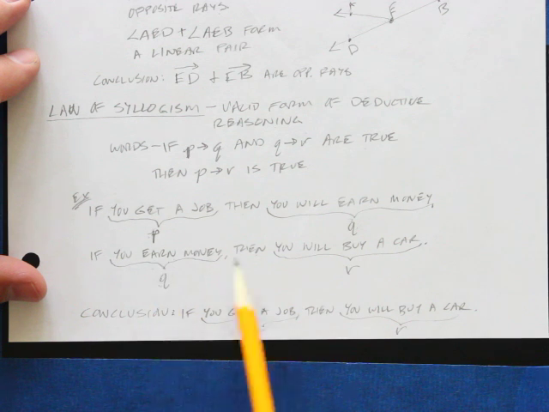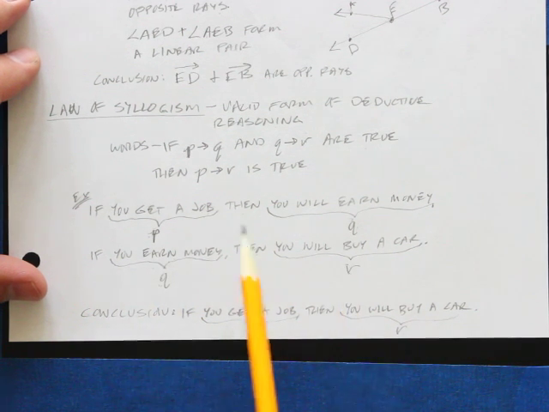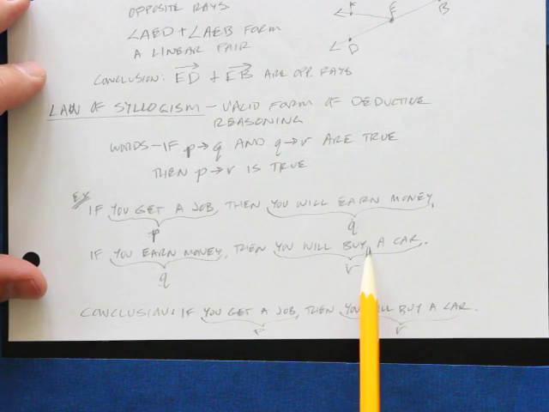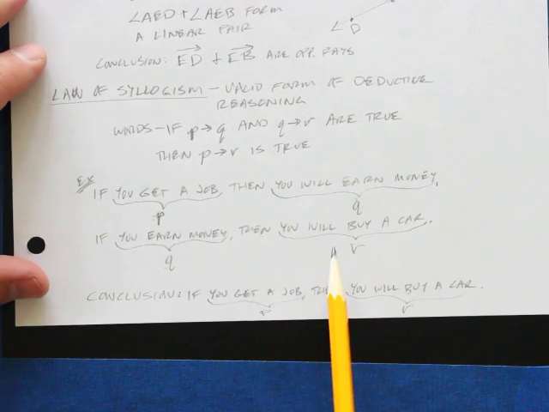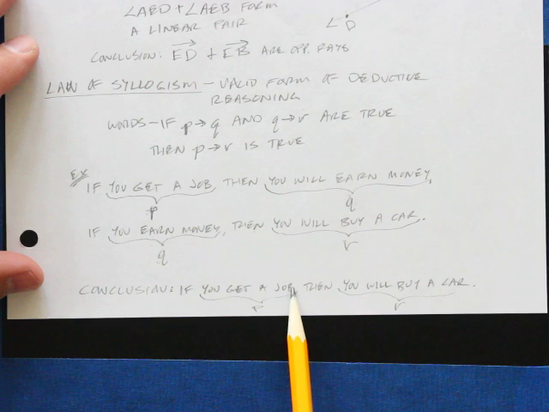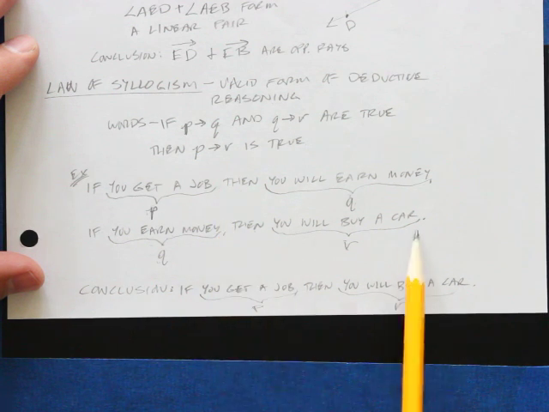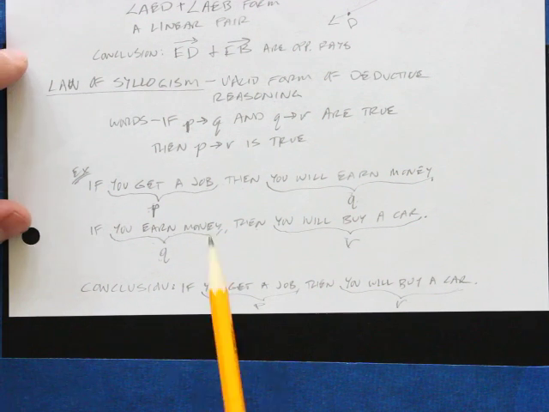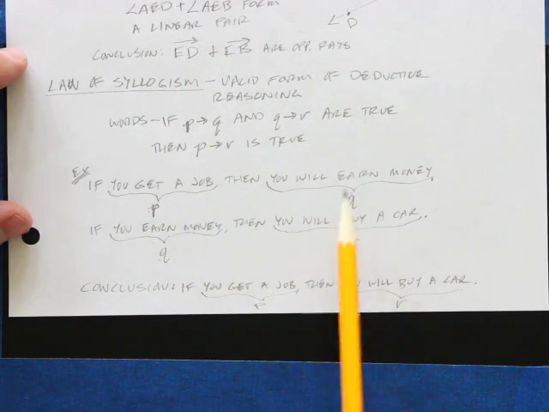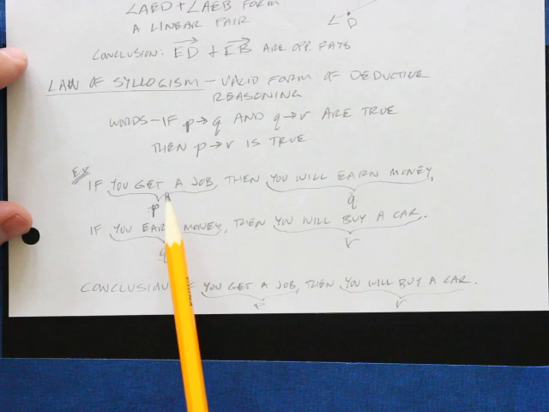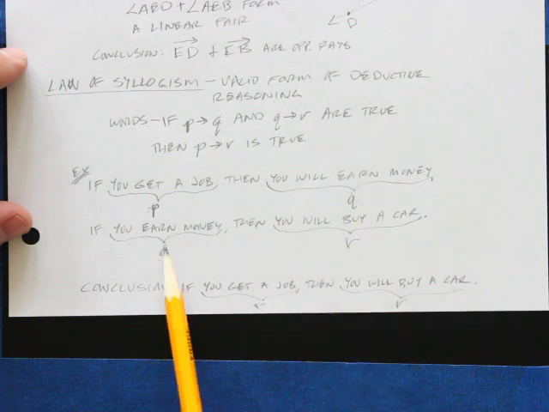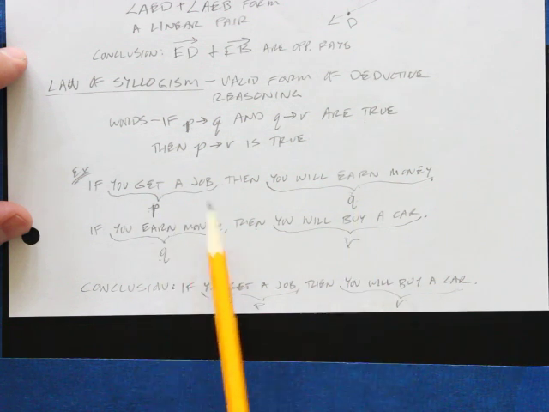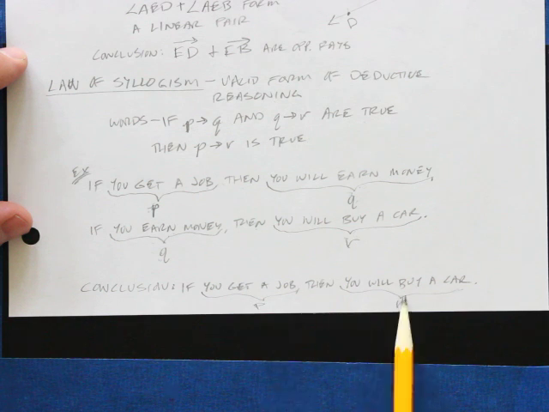If you earn money, then you will buy a car. And if these statements are true, then you can make a conclusion: if you get a job, you will buy a car. So you can kind of skip the Q in a way, because if P then Q is true and Q then R is true, then P then R is also true.